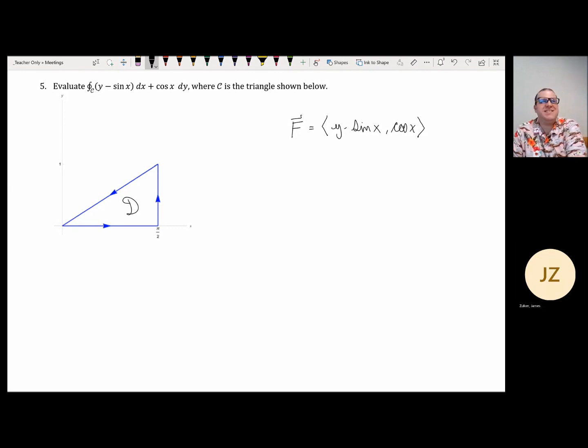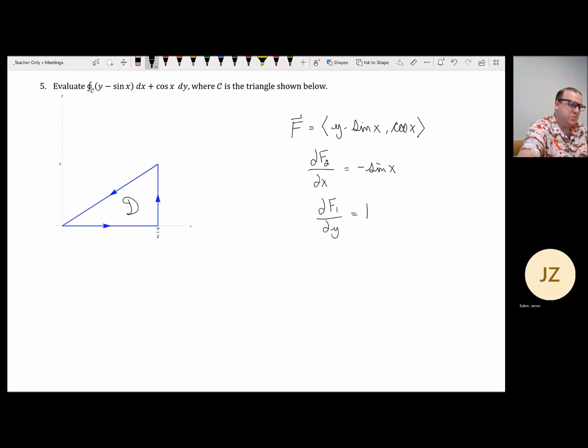Call the region that it encloses D. Partial F2 with respect to x is negative sine x.